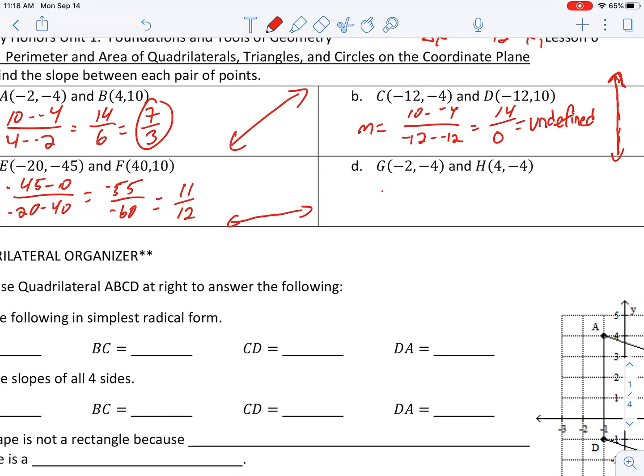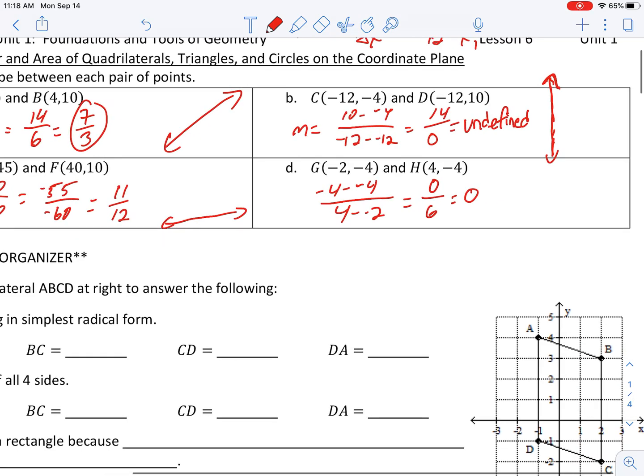Letter D, change in the y's. Negative 4 minus negative 4, change in the x's. Negative 4 minus negative 4 is 0. 4 minus negative 2 is 6. 0 divided by 6. Okay, so letter B, I kind of flipped things around. Remember, 0 divided by 6 is okay.